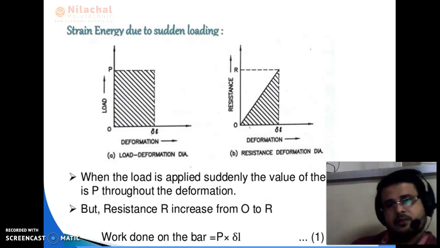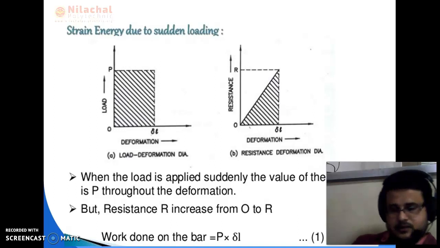But in case of sudden loading, we are applying the load suddenly and removing the load suddenly. Suppose a crane is going to lift up a bus.